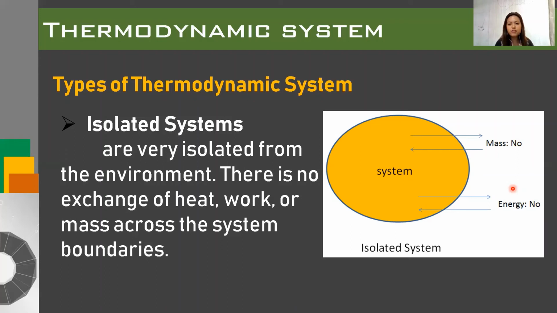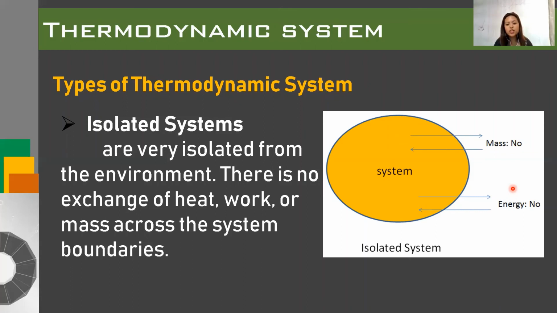For example, we have the thermos. If we store hot water in the thermos, and if that were a perfectly isolated system, the temperature of the water would remain constant over a period of time. It would not cool down, and so on.